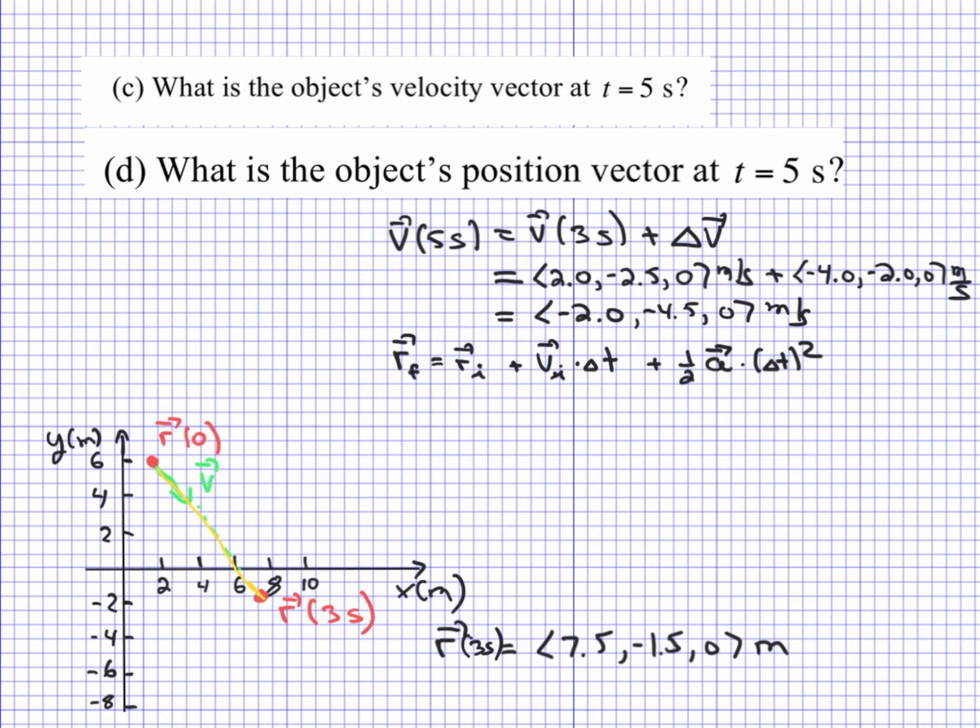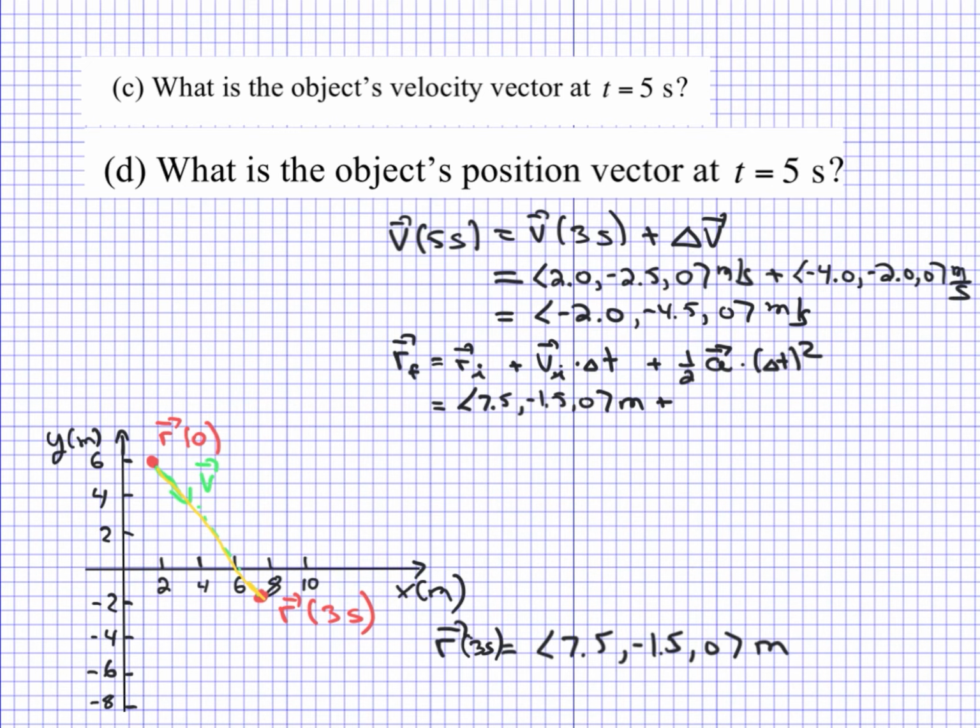So let's plug in numerical values. We want to know where the object, the stone, ends up at the end of our time interval. Its position at the beginning of this time window in which it was undergoing constant acceleration is given by this quantity here. So r_i is 7.5, -1.5, 0 meters. And now the velocity at the beginning of this window is this quantity here.